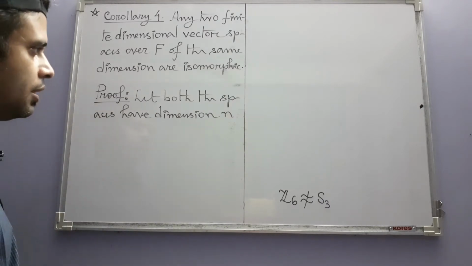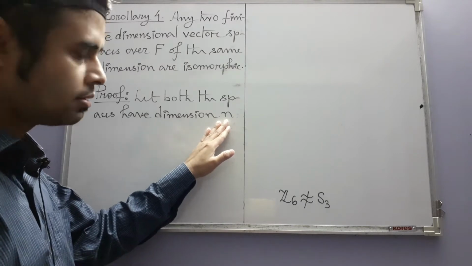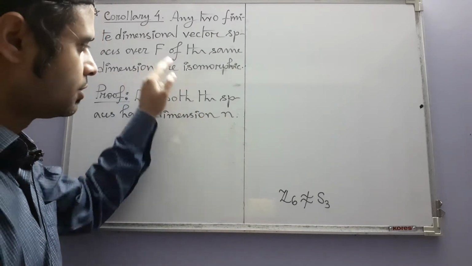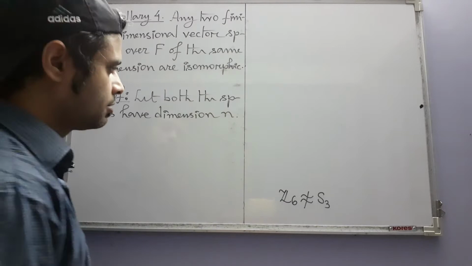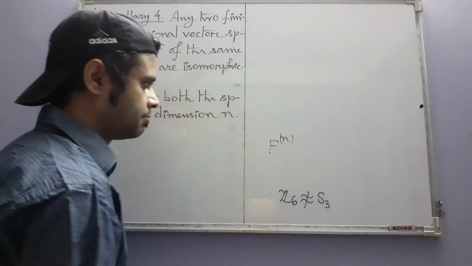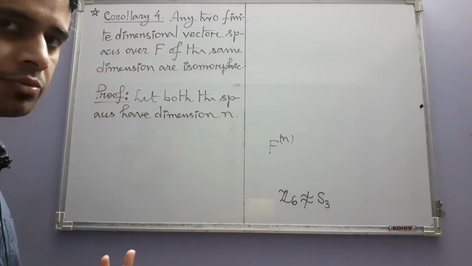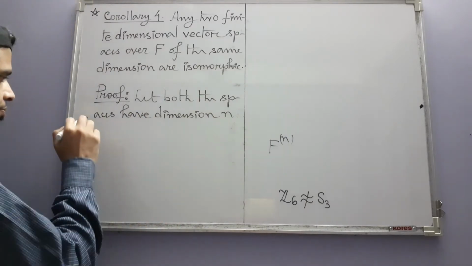Okay, now we have already seen that if a vector space has dimension n over a field F, then it is isomorphic to the space of n tuples over F, Fn. So these two vector spaces will also, each one of them will be isomorphic to Fn.